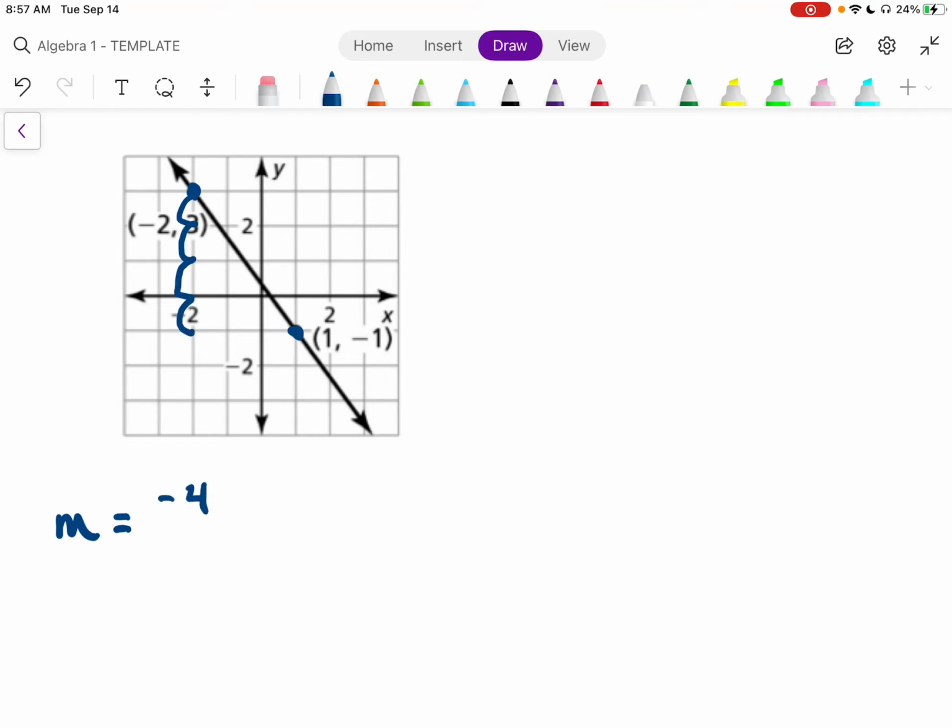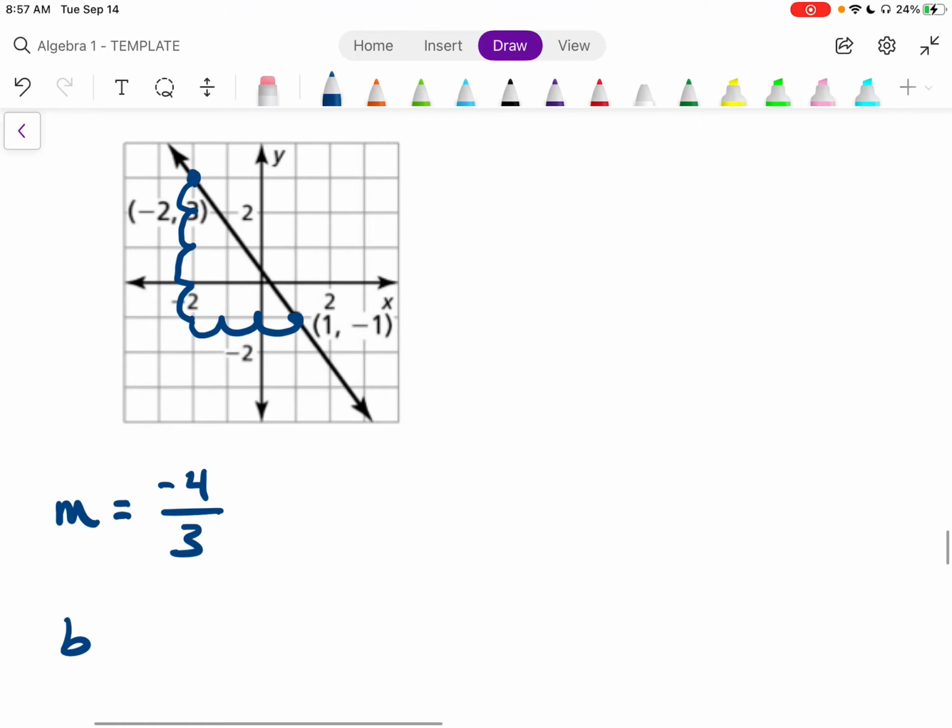So down 4 and over 1, 2, 3. Now for my y-intercept b, we're just going to have to kind of guesstimate there. It looks like it would happen right around, I don't know, 1/3 maybe. We'll say 1/3.